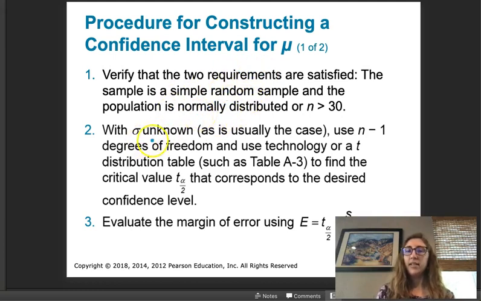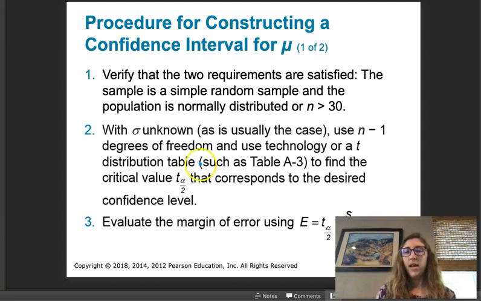Typically, we do not know our sigma, our population standard deviation, and so we calculate a critical t value. I personally like using inv-t. If you'd like to use the table, go for it. We have to use our degrees of freedom, and we also have to use our confidence level.